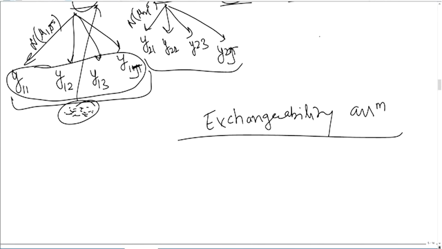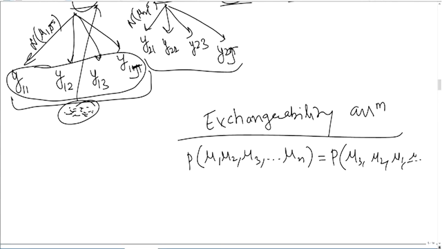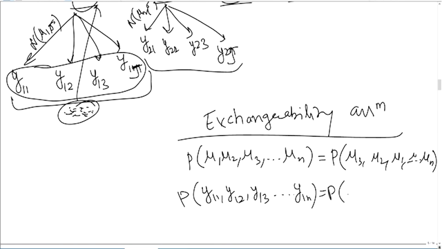So, for example, the joint probability of mu1, mu2, mu3 up to mu n would remain the same even if you change their permutation. So, let us say you write mu3, mu2, mu1 and mu n. Similarly, the joint probability distribution of y11, y12, y13, up to y1n would remain the same even if you change their order, their permutation.